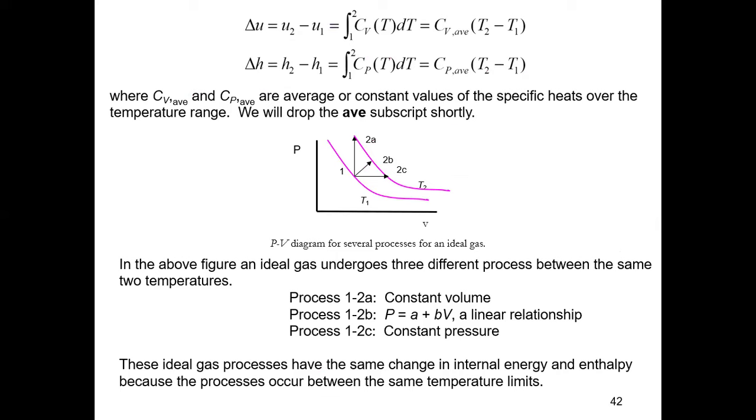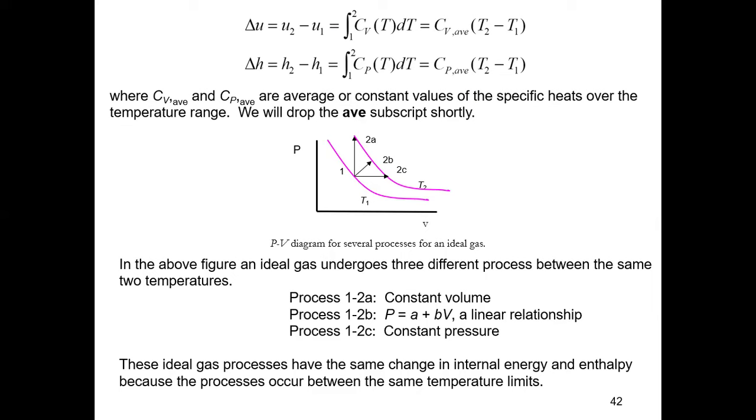Here they're finding the change in enthalpy from state 1 to state 2, h2 minus h1, which is nothing but, remember, Cp is constant, the specific heat at constant pressure times the change in temperature. They're looking at three different processes: constant volume, pressure is A plus BV, a linear relationship, and process 1 to 2C, that is constant pressure. Why is it constant pressure?